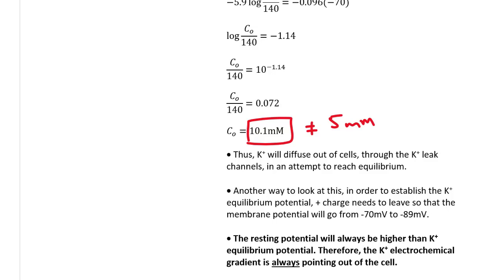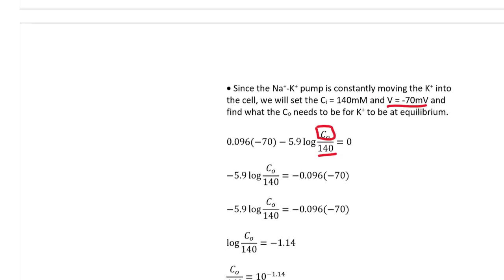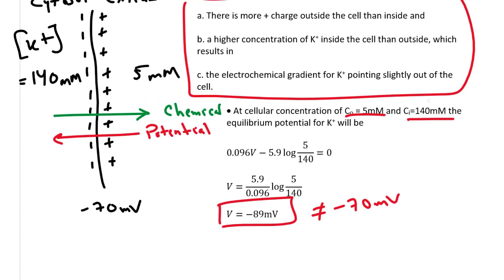So what this is telling us is that potassium's electrochemical gradient, let's go back up to our picture, its electrochemical gradient is pointing out. Now, this arrow, maybe I should make it a little bit smaller because it's not a very strong electrochemical gradient. You can actually calculate that, but it is pointing out of the cell.